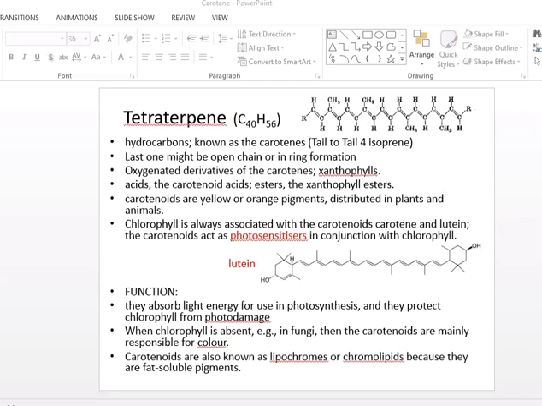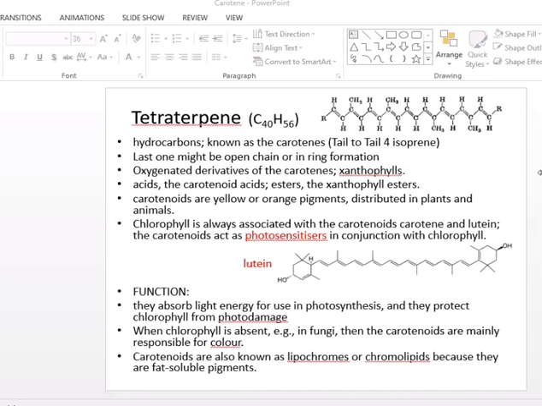The last one might be open chain or ring formation can be done there, and the oxygenated derivative is xanthophylls. Acids, carotenoid acid, ester, and xanthophyll esters. They are present in this form.